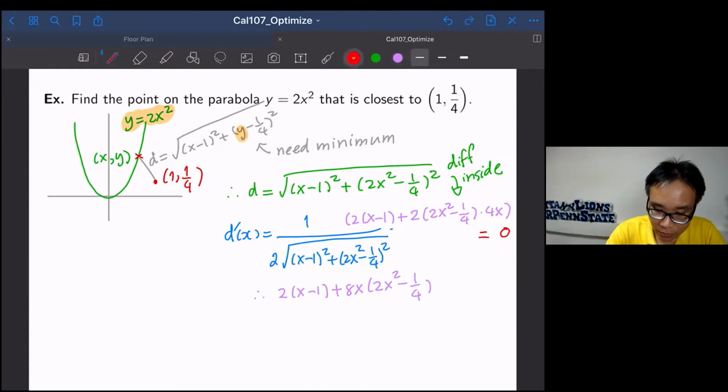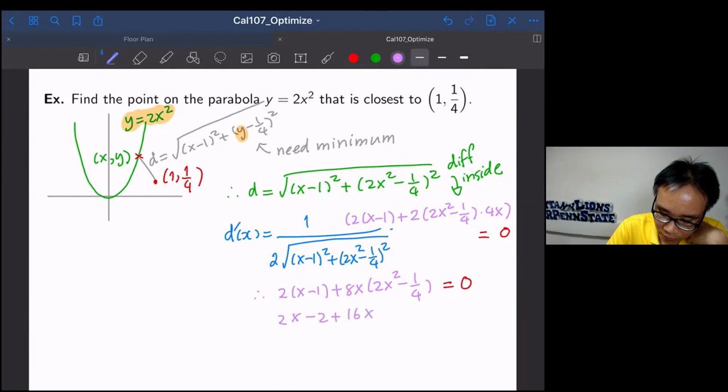Let me write something like this to see the color, that's why I changed the color. And you see that we can solve for x. It's going to be 2x minus 2 plus 16x cubed minus 2x equals 0.